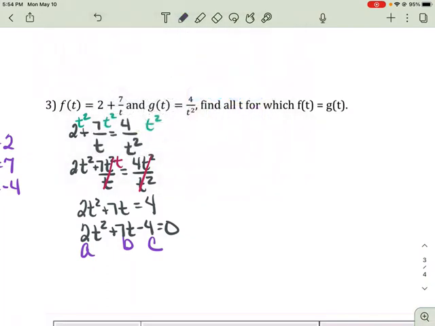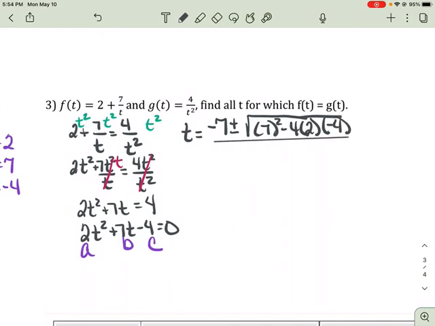Put our values in. So x, in this case t, because we're talking about t as our variable, t is equal to negative 7 plus or minus the square root of 7 squared minus 4, A is 2, and C is negative 4, all over 2 times 2.